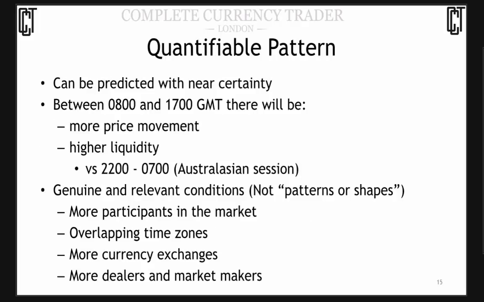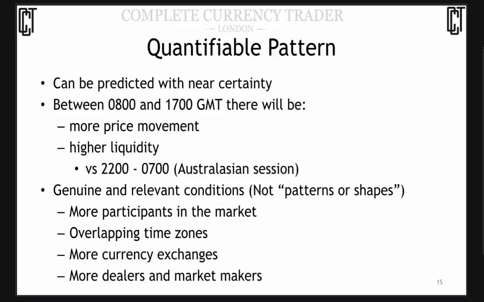Quantifiable patterns: we know with near certainty that between 8 a.m. and 5 p.m. GMT, there will be more price movement and higher liquidity, in comparison to the Australasian session.